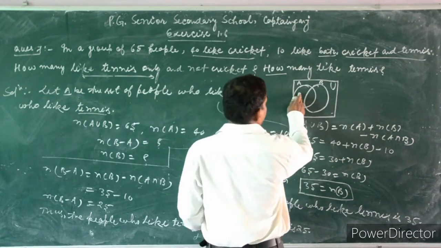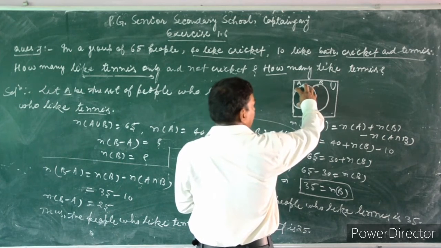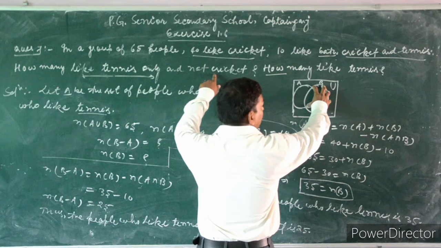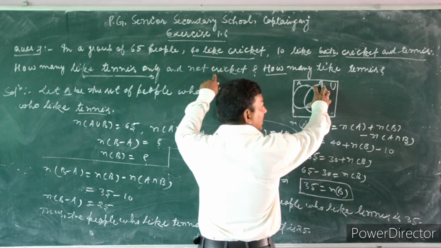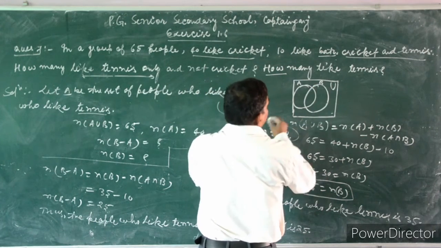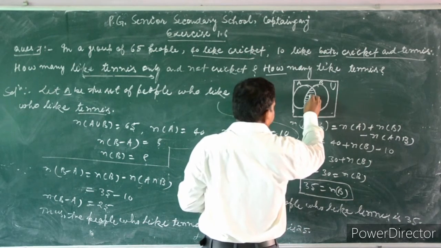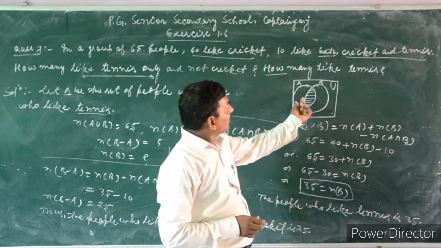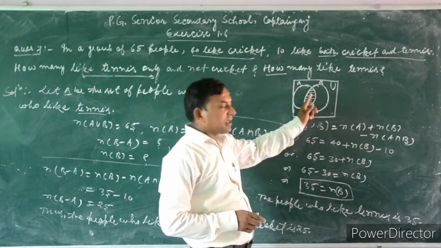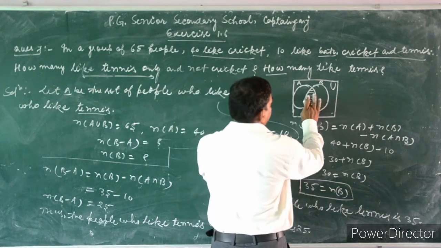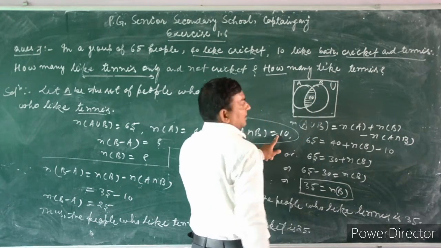This A whole set represents the people who like cricket, and this B whole set is the people who like tennis. This region is the people who like both cricket and tennis, the common part between A and B, which is 10.